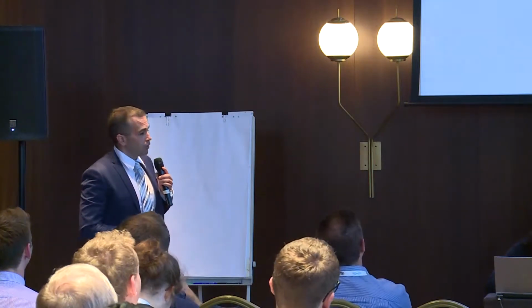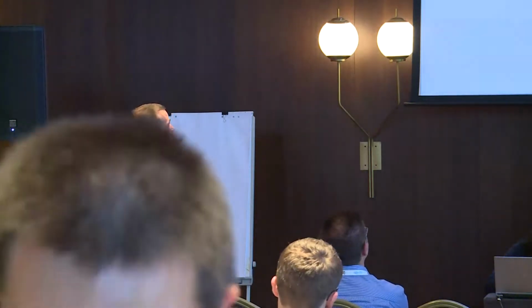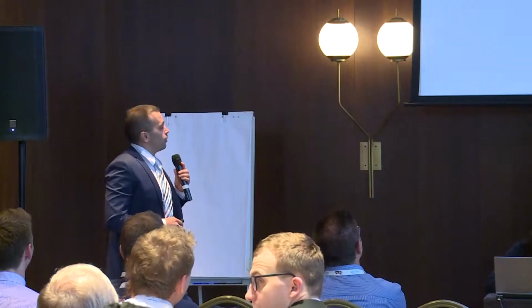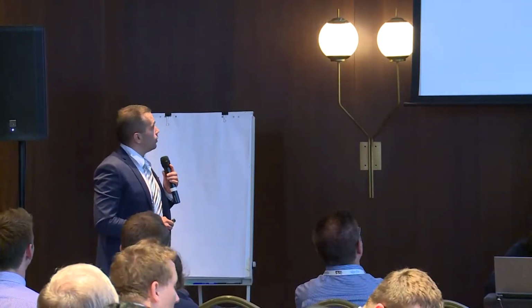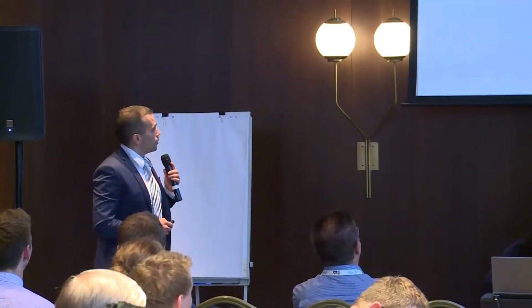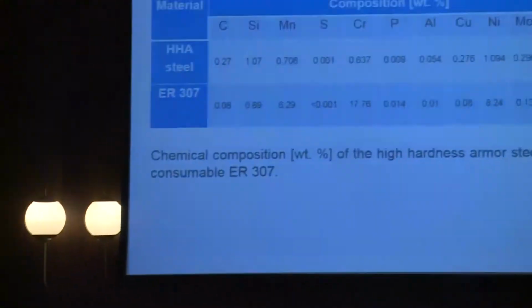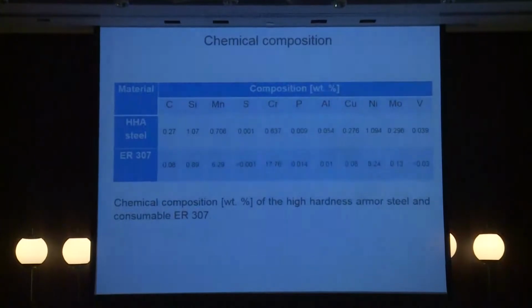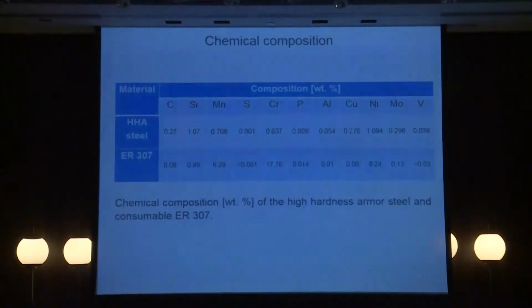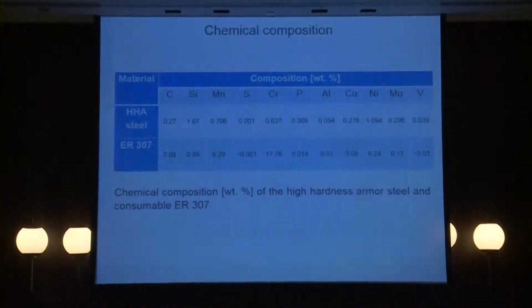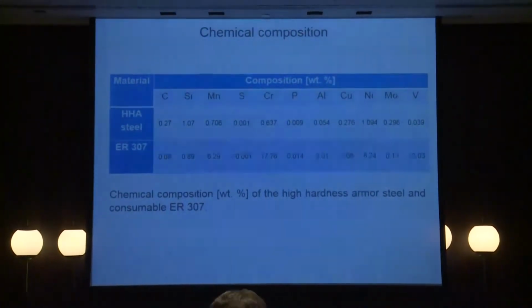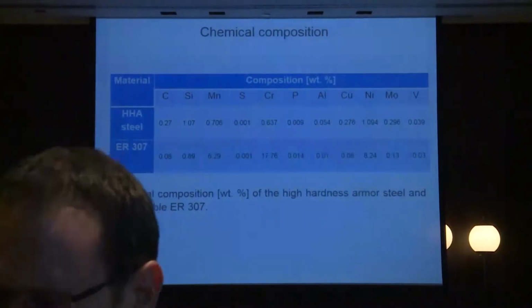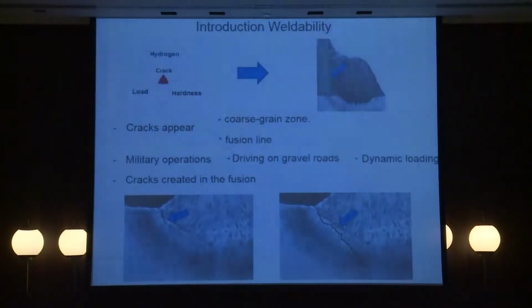The chemical composition is a high hardness steel with, as you can see, a high carbon level of 0.27. For consumable, I use austenitic wire. Austenitic wire has approximately 18% chrome, 8% nickel, and 6.29 manganese.